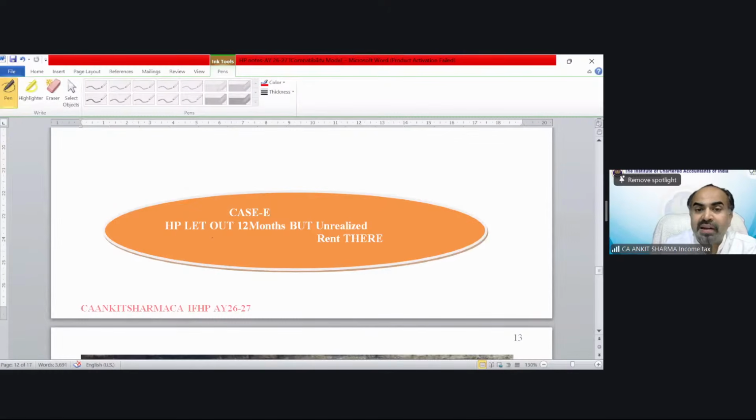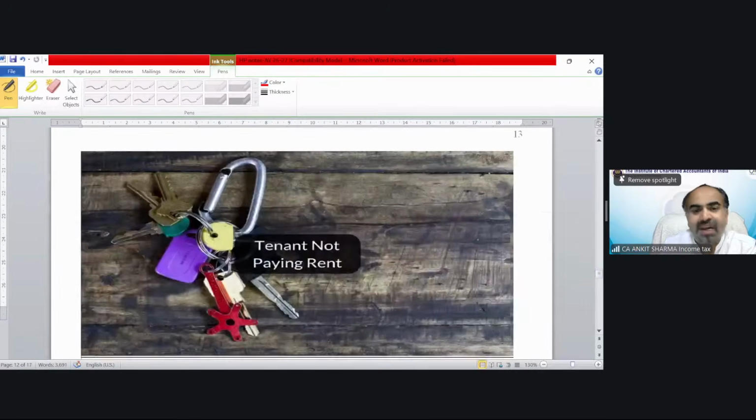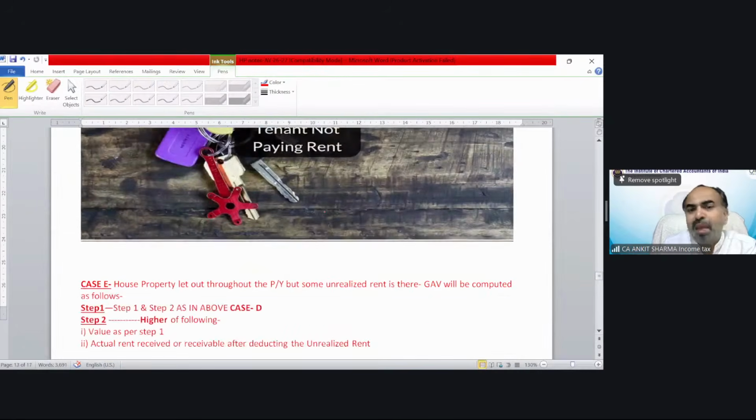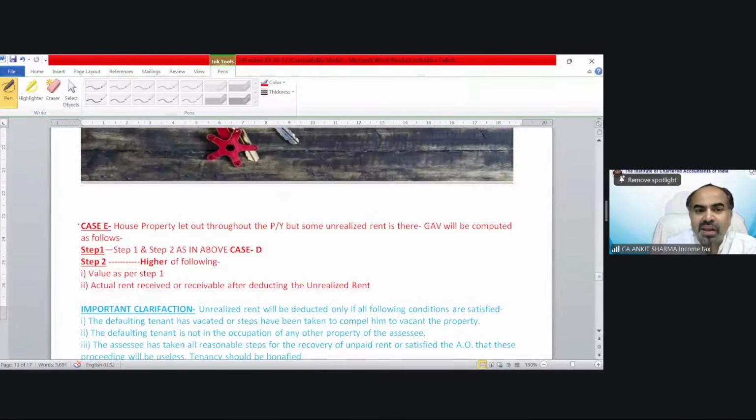Case number E, let out for 12 months, but unrealized rent is there. There are some bad debts right now. Tenant not paying rent. So case number E, again the same concept, automatically the actual rent received value would be changed.